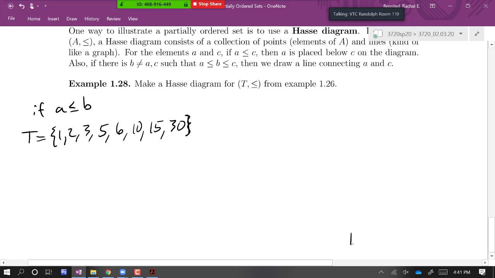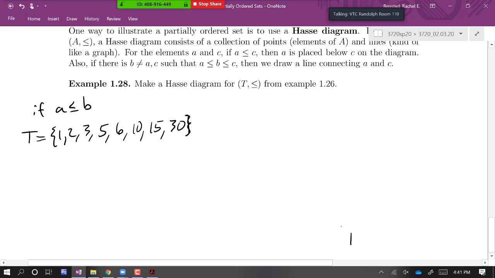So I'm going to put 1 on the bottom. Now 1 divides everything, but 1 divides 5 and 5 divides 10, so I'm actually not going to draw a line from 1 to 10. That's going to exist just by following the path.